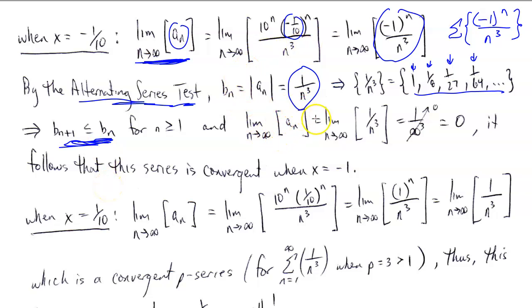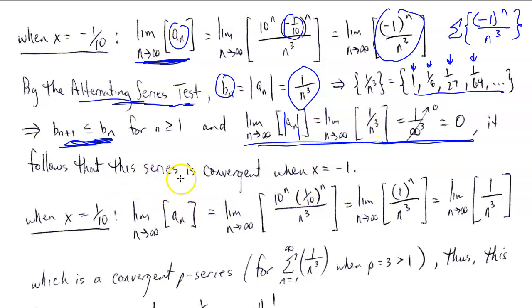The second condition is that the limit of our b sub n, I'll put a sub n here, but it really should be absolute value of a sub n, which is just going to be 1 over n cubed. That goes to 0. And this is the second criterion for us that we have to meet for the alternating series test to say that our series converges.